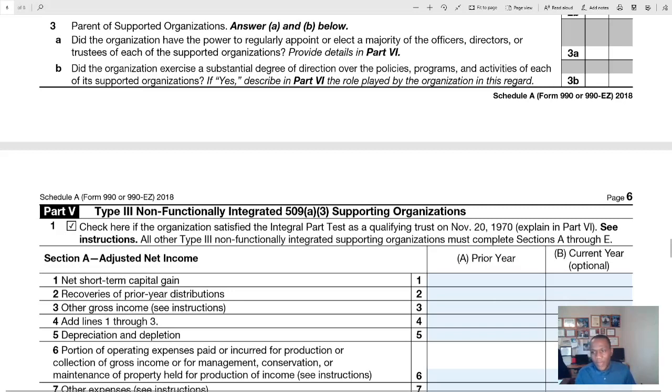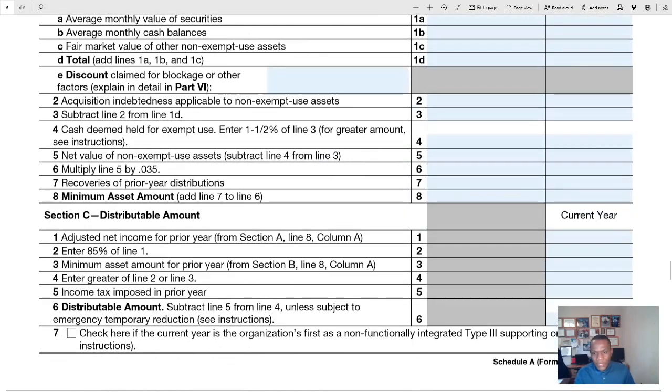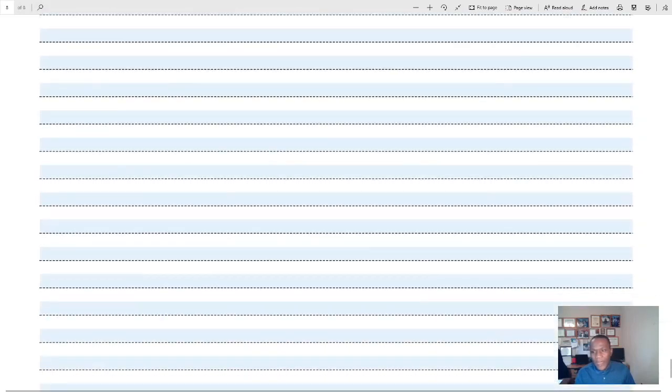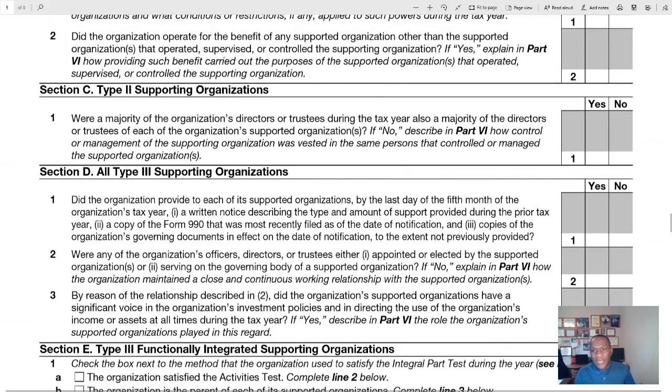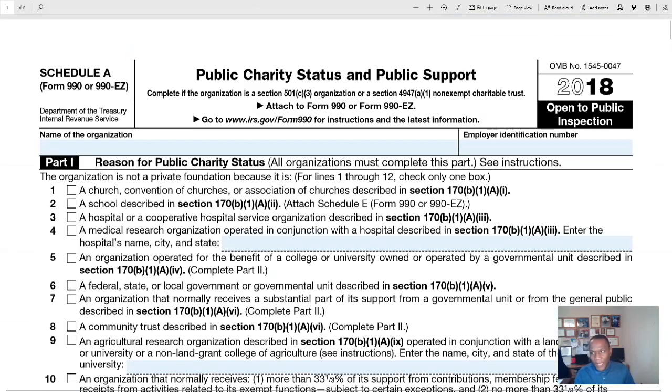Explain in Part 6. See instructions for that. Then adjusted net income, and then minimum asset amount. Basically, you go through the form, and there are also specific instructions on how to complete this schedule as part of your filing, Schedule A.